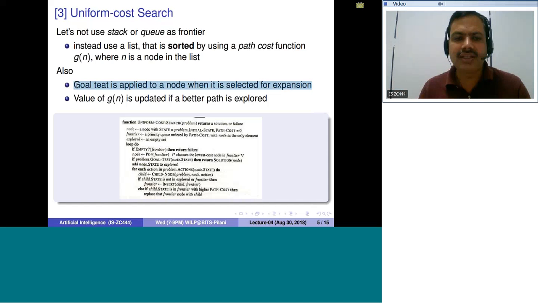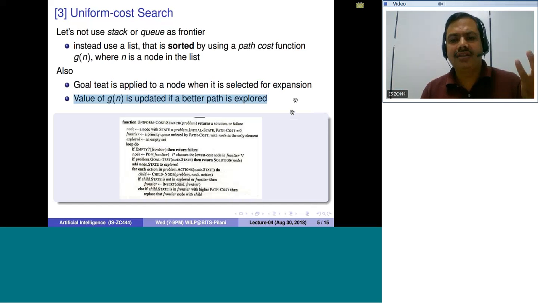You do not use that state as the output. You are not giving the output until this particular node has been taken out for expansion. I will give you an example. Okay.